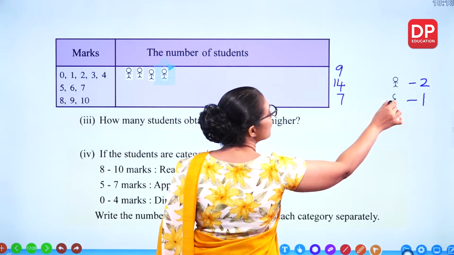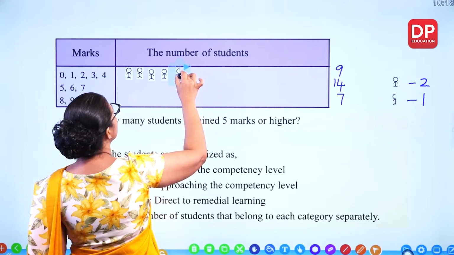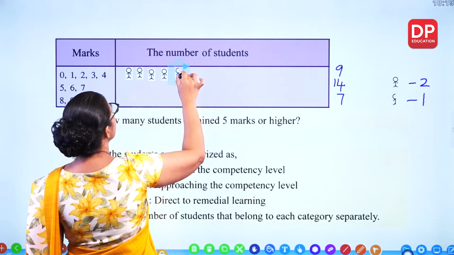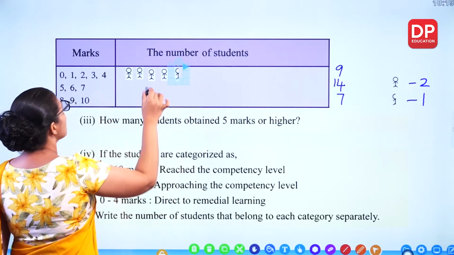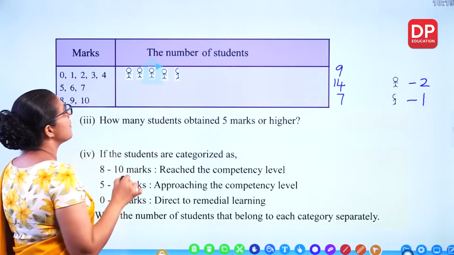So we'll take half of this. So here, that's 9.